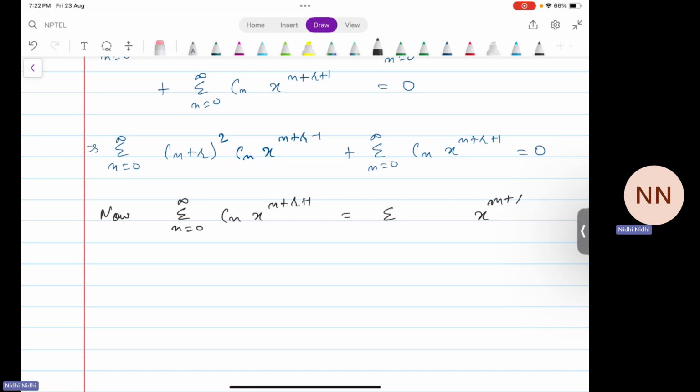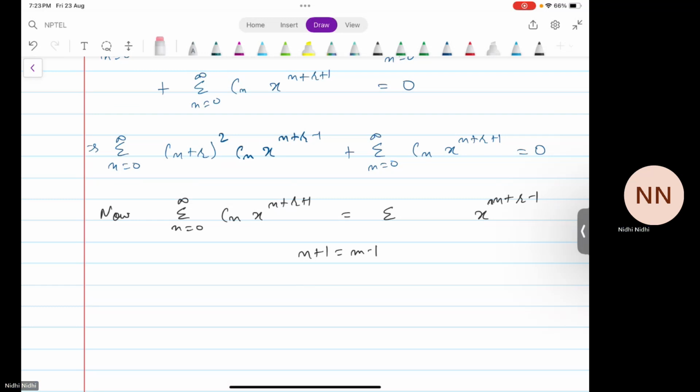So we'll substitute m equals to n plus 2. So we'll get m from 2 to infinity C (m minus 2), and since n is m minus 2, we'll get x to the power m plus r.